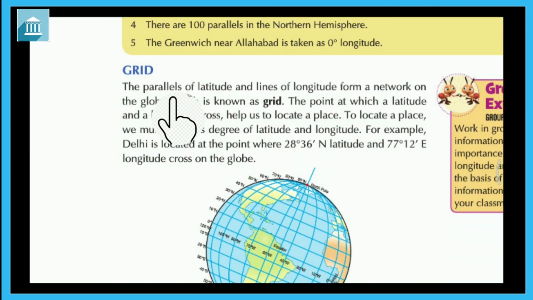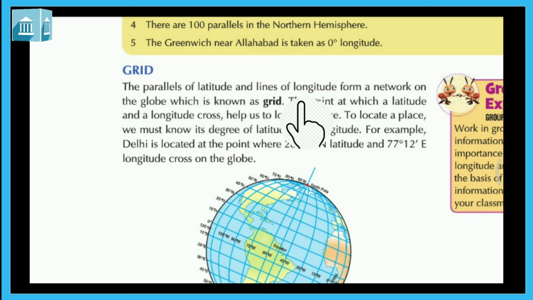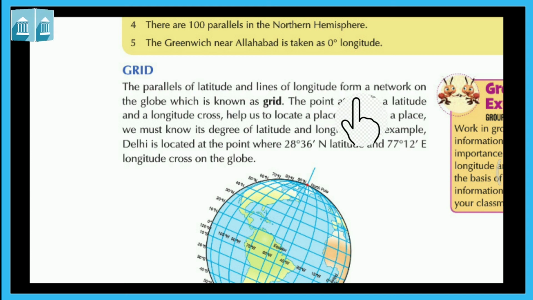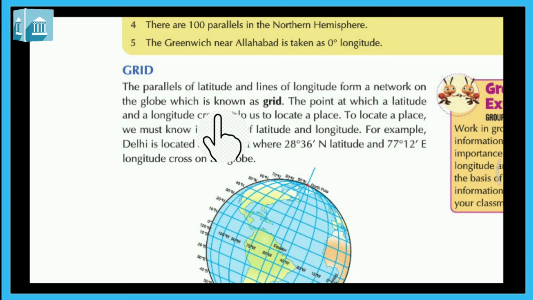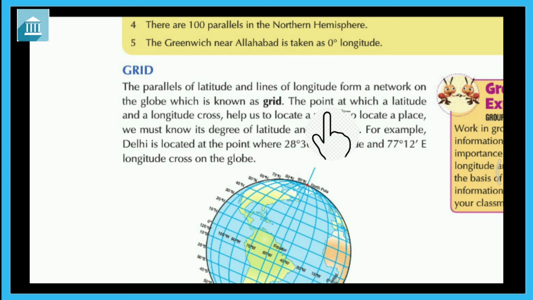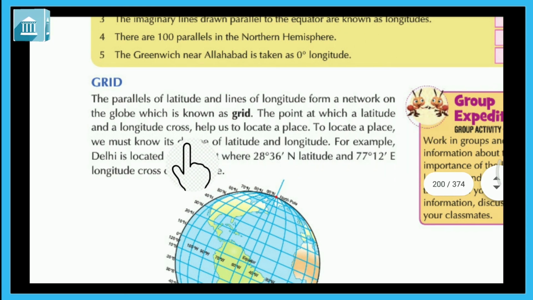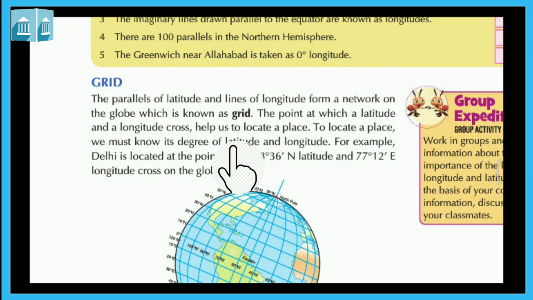The parallels of latitude and lines of longitude form a network on the globe which is known as a grid. The point at which a latitude and a longitude cross helps us to locate a place.